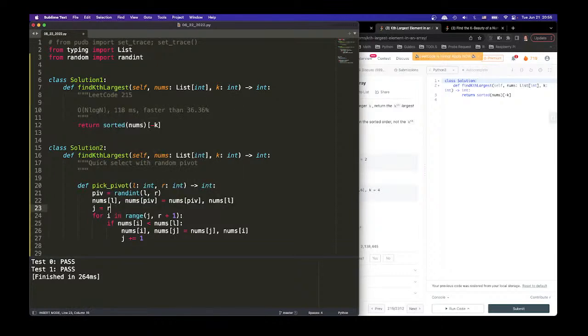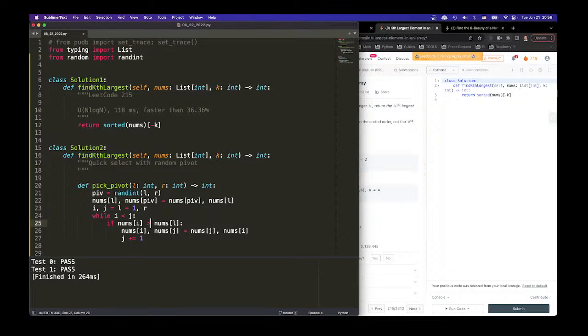So actually I'm going to set j equal to r and i equal to L plus 1, right? Let me say while i is smaller than j. That's the pattern I know. And then we'll do the same thing. Say if this is smaller than L, then we don't do anything.